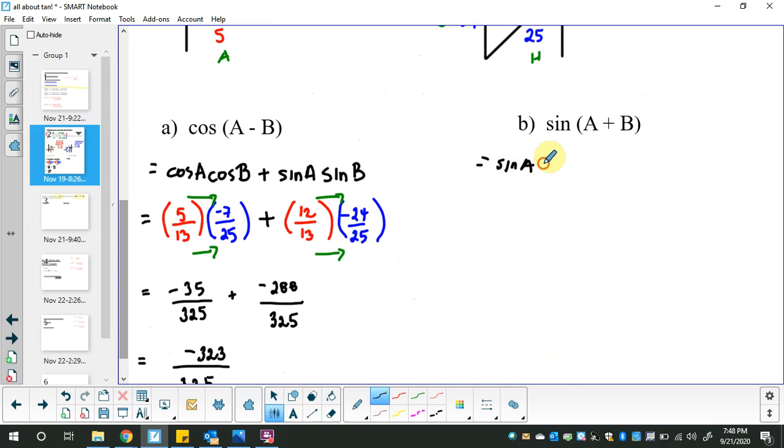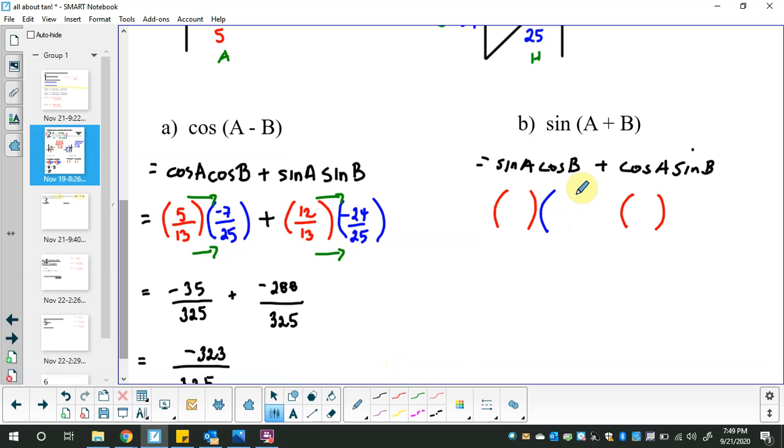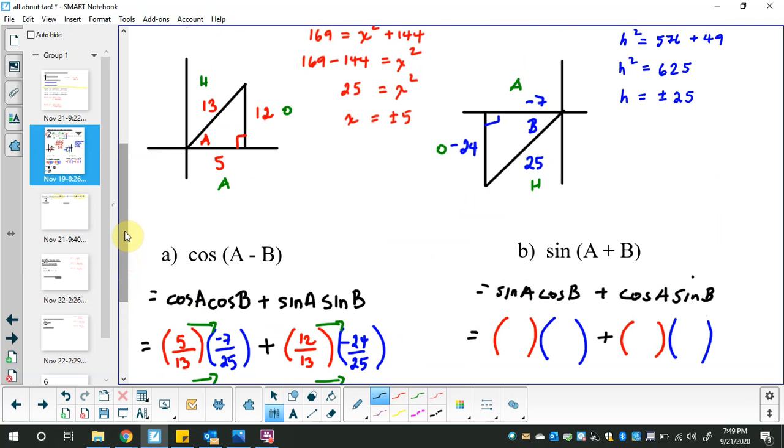Sine, cos, cos, sine. And then you can go looking for your sine of A and your cos of A and your cos of B and your sine of B, and you can input them into those brackets.